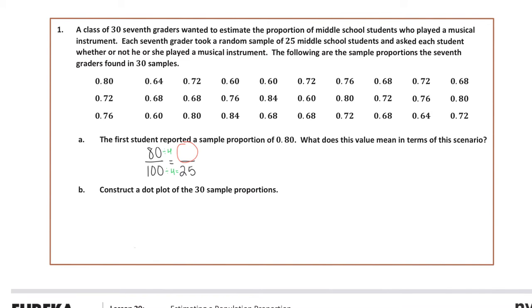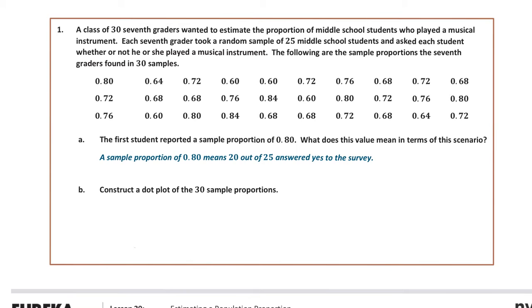So I have 80 divided by 4, which is going to give me 20. So again, a sample proportion of 80 hundredths means that 20 out of 25 answered yes to the survey. Go ahead and write your answer down in the sentence below. Alright, when you're done writing this sentence down, we're going to start B.